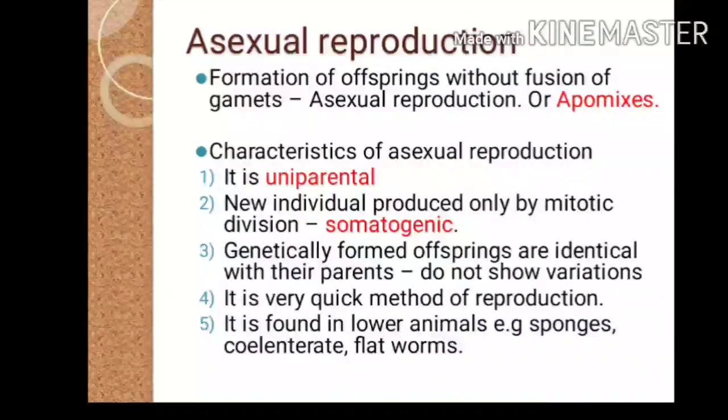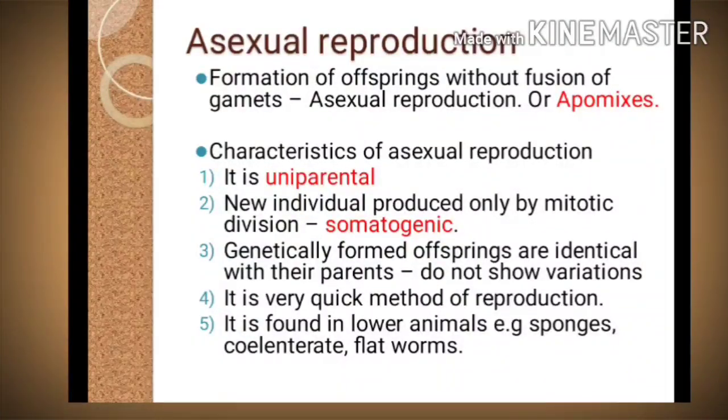Next, it is a quick method of reproduction, and it is generally found in sponges, coelenterates, and certain flatworms. All these are the general characteristics of asexual reproduction.